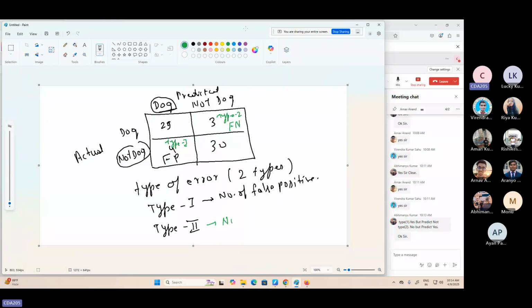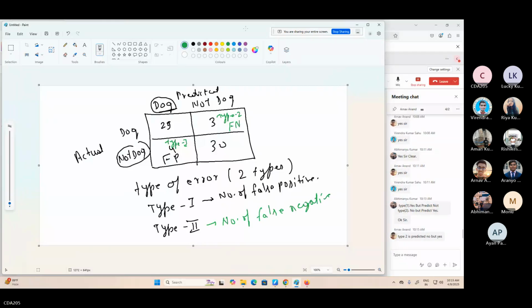So this is the number of false negatives. So here you can write type 1: actual not dog, but predicted yes. Similarly, type 2: predicted no, but it is yes. So are you clear with this?